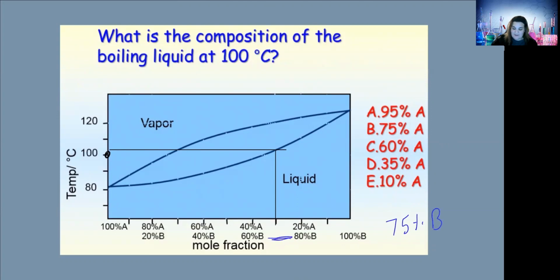Because B is on the bottom. Or we can also say that this is approximately 35% A. And because they're asking for A, the correct answer here would be D, okay? So they'll usually tell you which one they are asking for.